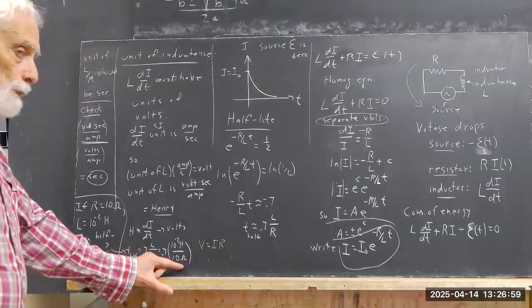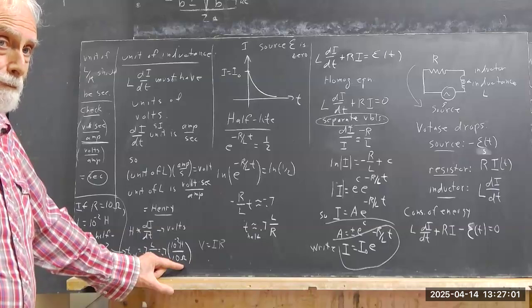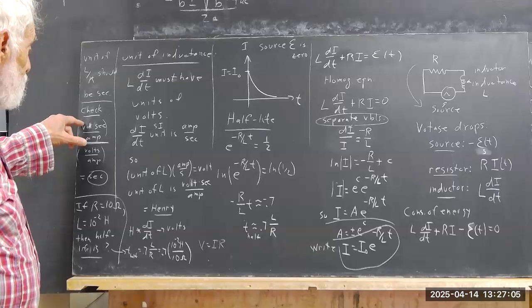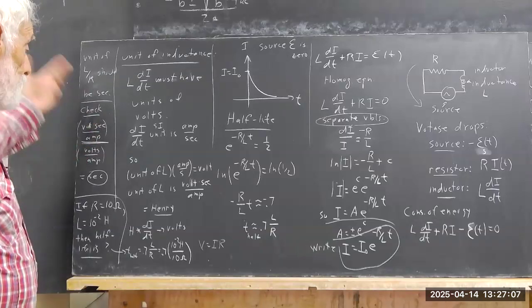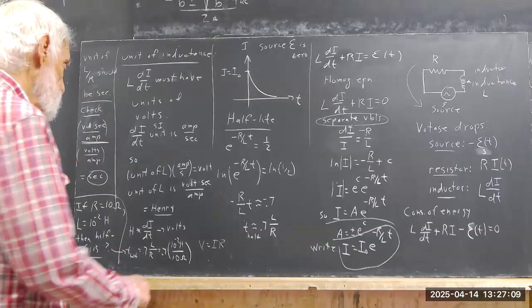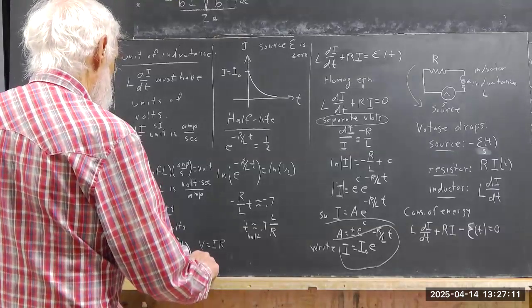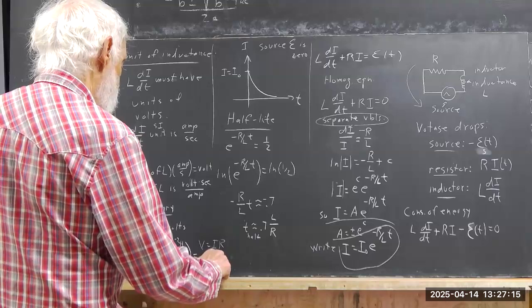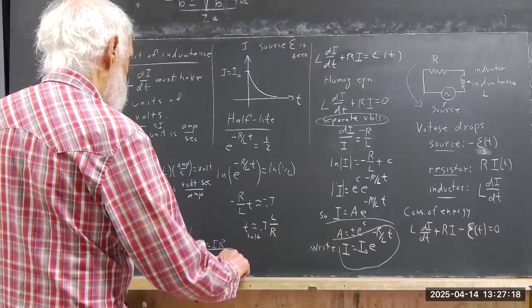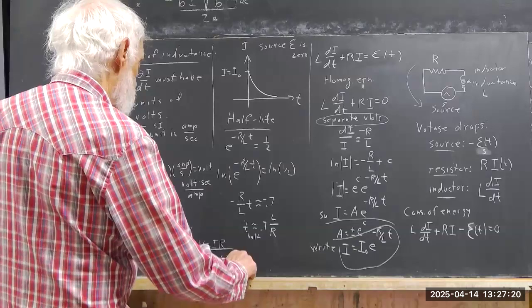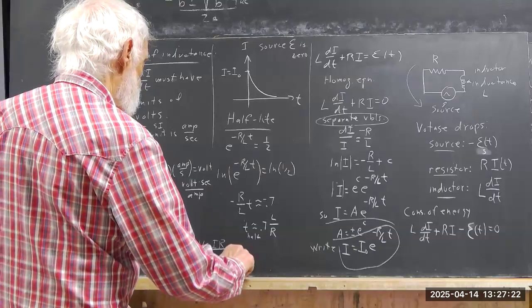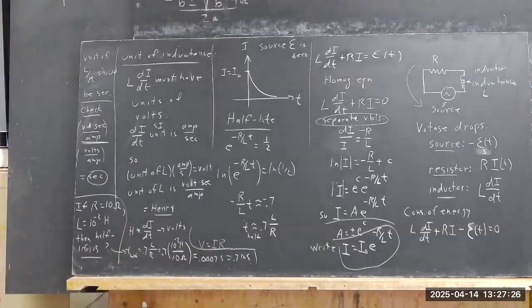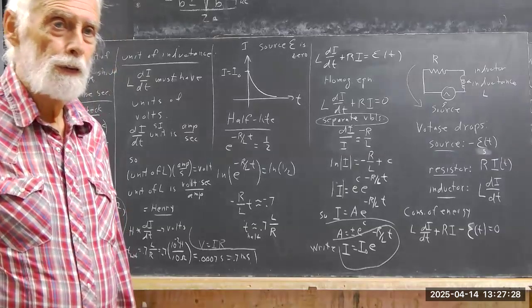So if you change ohm to volts per amp, henries as volt seconds per amp, you're going to get seconds. That's 0.7 milliseconds. So it happens in a hundredth of an eye blink.